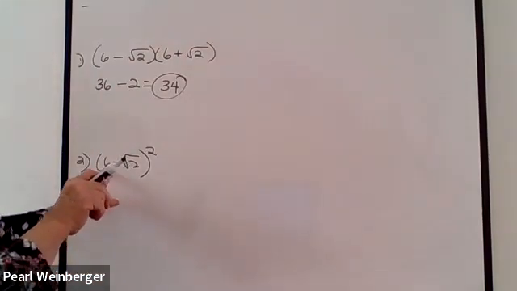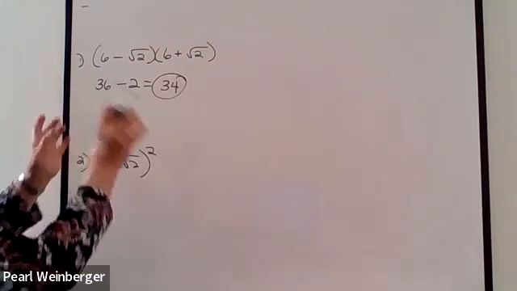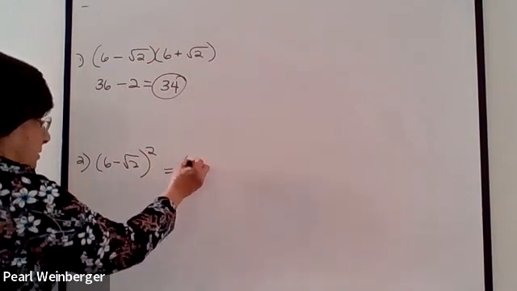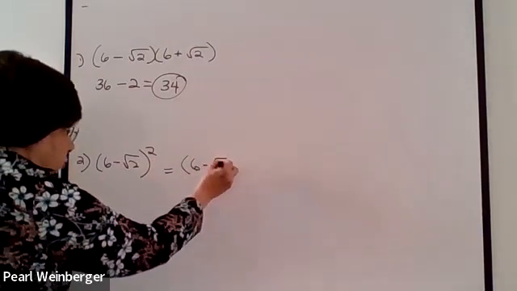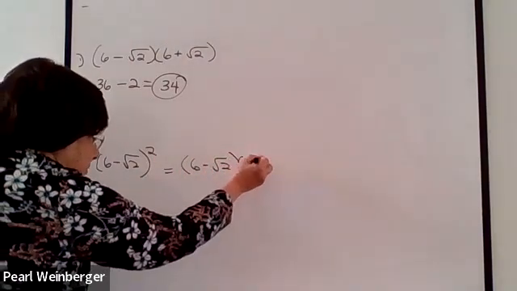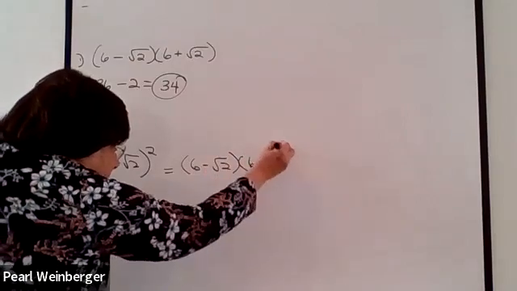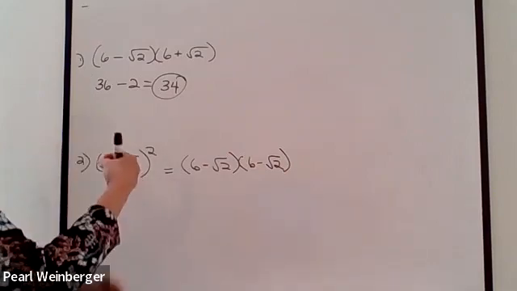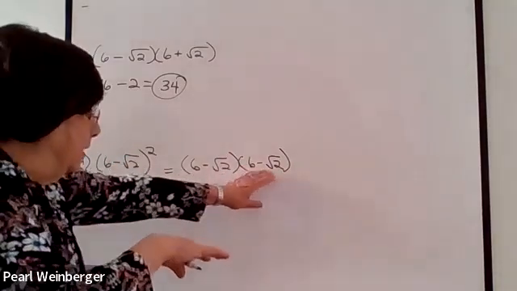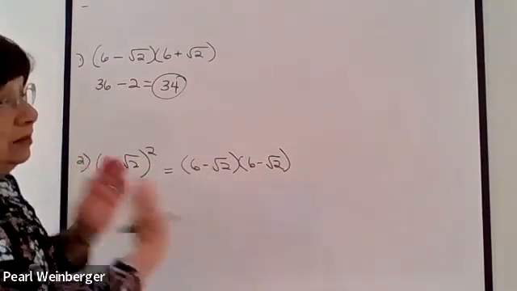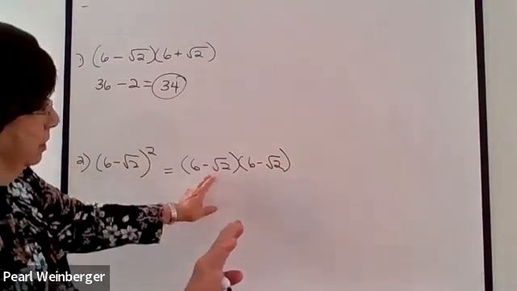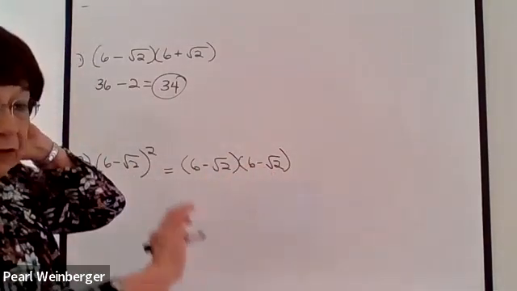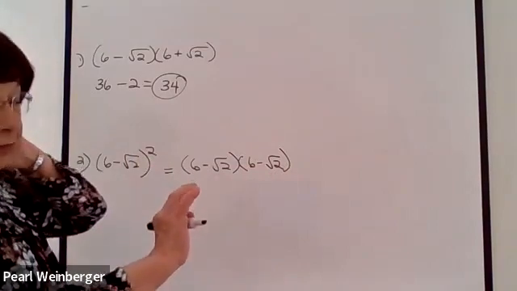Well, now let's look at the second one. This says 6 minus radical 2 with a square on the outside, which I'm going to rewrite as 6 minus radical 2 times 6 minus radical 2. I am multiplying the binomial 6 minus the square root of 2 by itself. So I have to write the exact binomial twice. Now, this is not conjugates because they're identical. They both have minuses. So in this case, I have to do the whole FOIL.